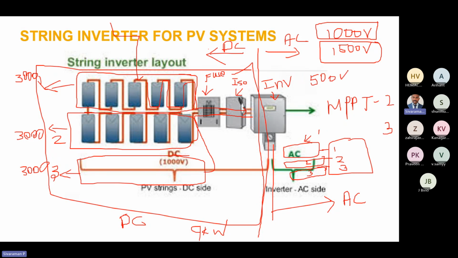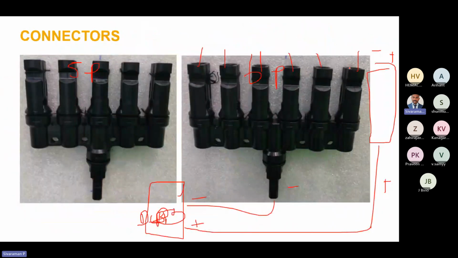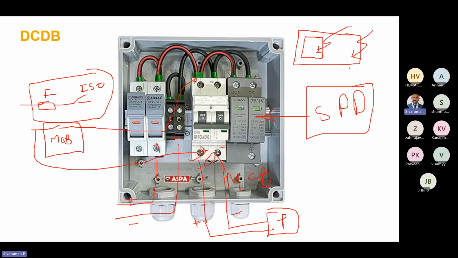If lightning strikes, then the lightning voltage is very high, mostly in kilovolts and kiloamperes. If kilovolts and kiloamperes flow through the circuit, what will happen? The circuit will get damaged, equipment will get damaged, right? In order to protect the equipment from lightning, we are using the SPD, surge protective device.